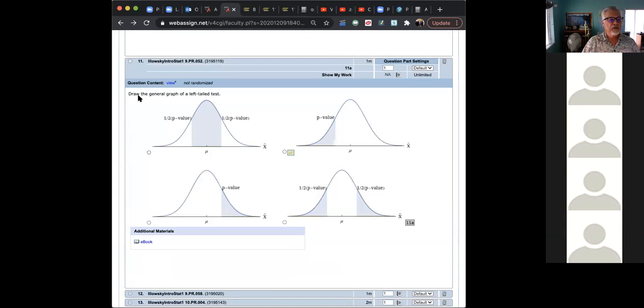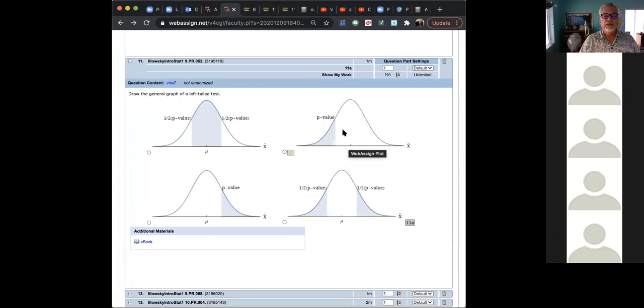Draw the general graph of a left tail test. Well, you have 4 choices here, and the correct choice is this graph here, right? Because it's a left tail test. So your test statistic typically falls to the left of 0.